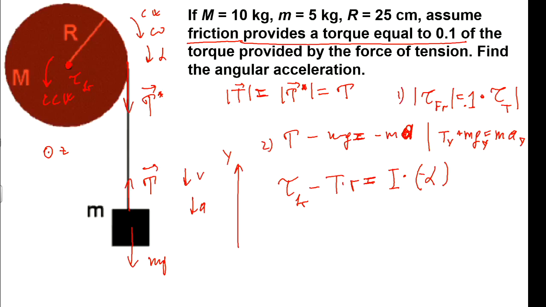And now we can add, so we had one equation already. That's number 2. That is number 3. And now we can add equation number 4, which relates angular acceleration and linear acceleration. We also call it tangential acceleration.